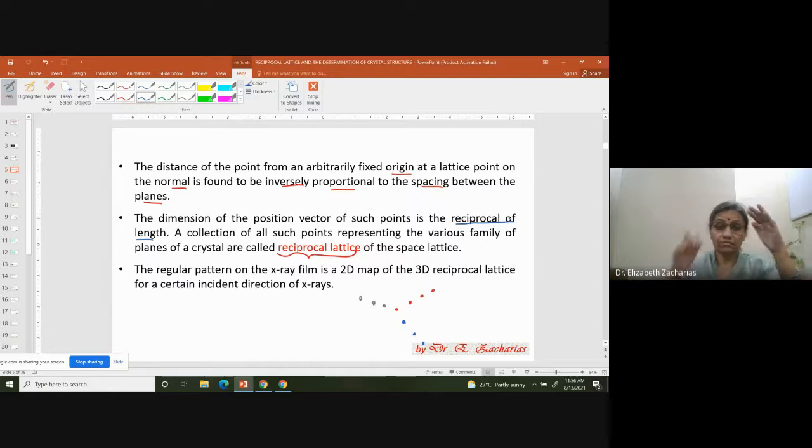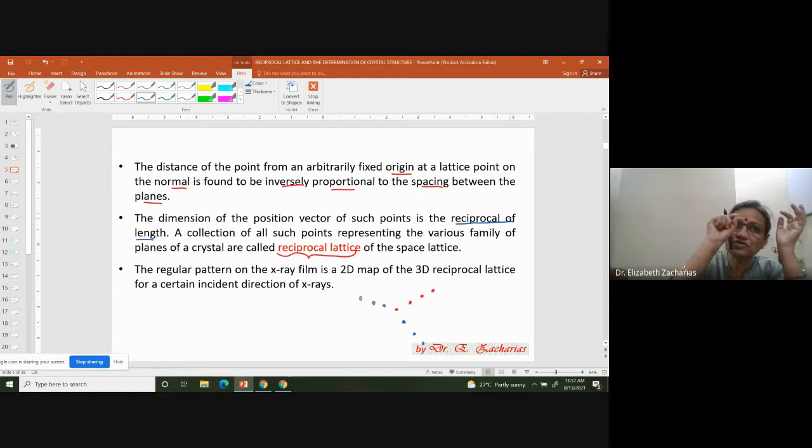From the actual space, you have moved to a new space called the reciprocal space. There you are getting a collection of dots, and these dots are called the reciprocal lattice.